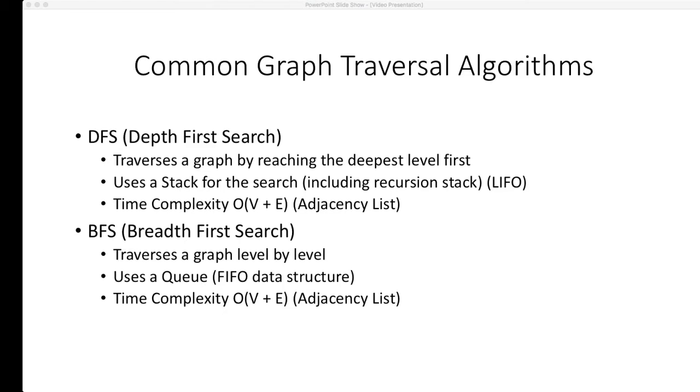Its time complexity is big O of V plus E, where V represents the number of vertexes and E represents the number of edges. Breadth first search, on the other hand, uses a queue to traverse the graph level by level. The time complexity is the same as DFS with big O of V plus E for an adjacency list and a big O of V squared for an adjacency matrix.